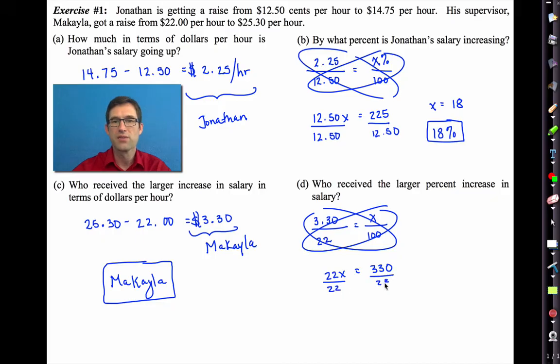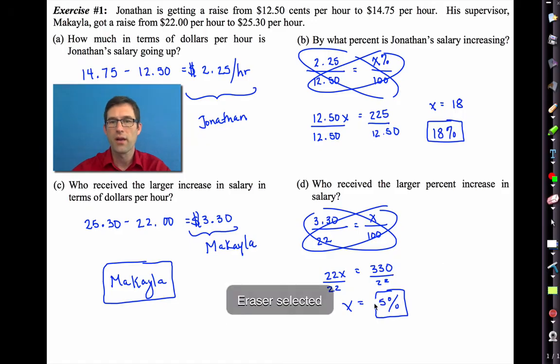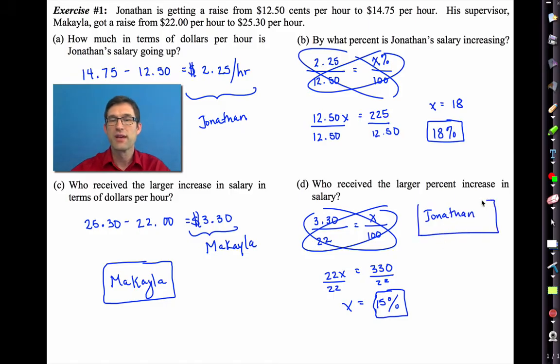Divide both sides by 22, and x ends up being 15%. Oops, it kind of looks like we lost the 1 there. Let's get that back in. There we go, 15%. So in fact, Jonathan had the larger percent increase.